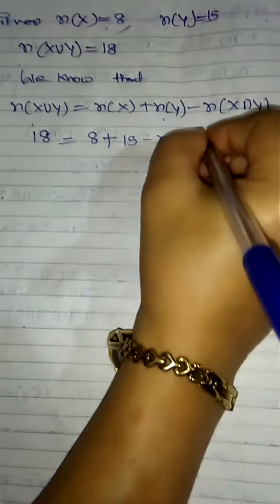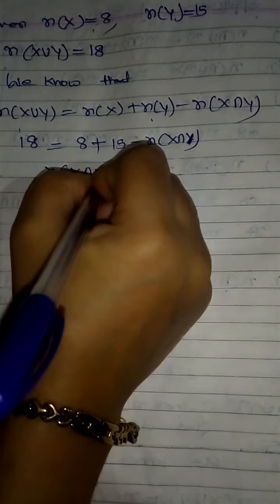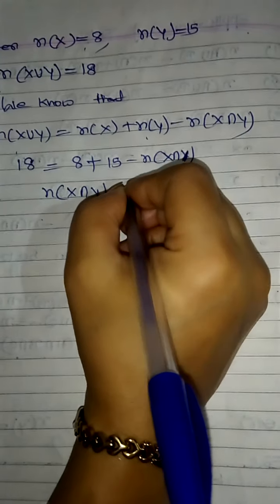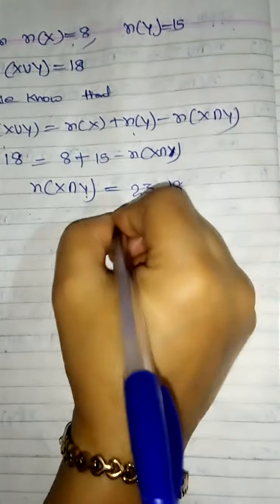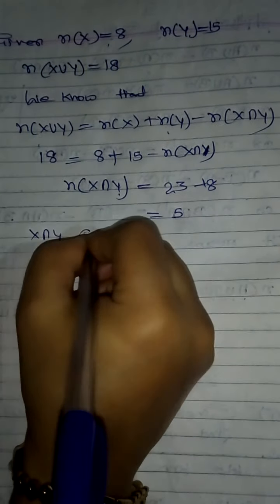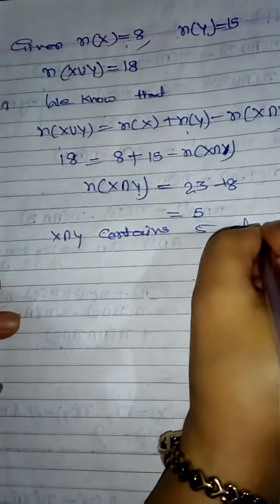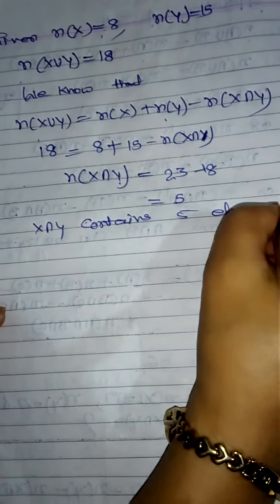So transfer here, it will come x intersection y is, yes, 8 plus 15 is 23, then transfer minus 18, so it will come 5. So x intersection y contains 5 elements. This is the solution of the second question.